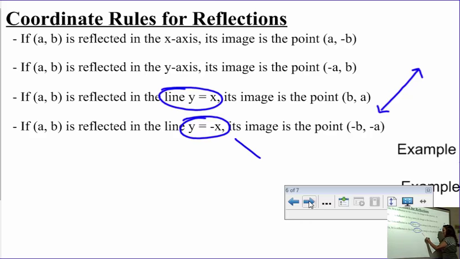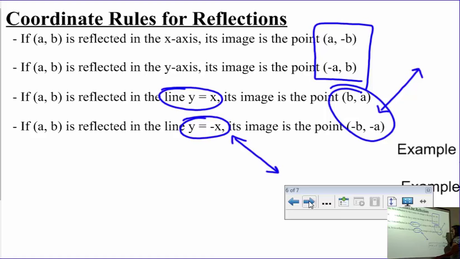And then y equals negative x is the line that goes negative 1 slope down that way on the graph. You will have to memorize these 2 if you're asked to reflect, but the first 2 you can by all means memorize, but I always just sketch out a graph and count and take my time to do it that way.